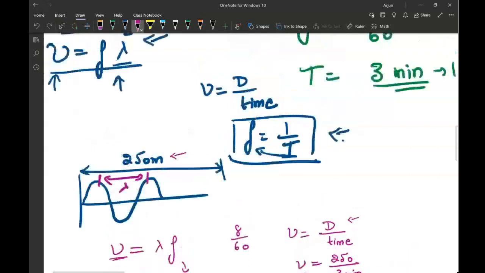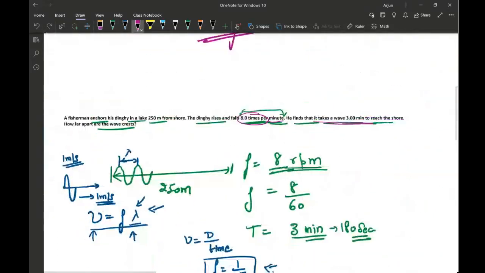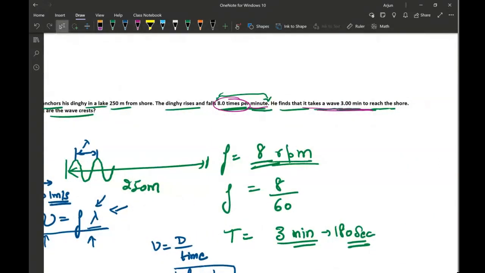One thing I want to talk about here, which is really important: it says he finds that it takes 3 minutes to reach the shore.